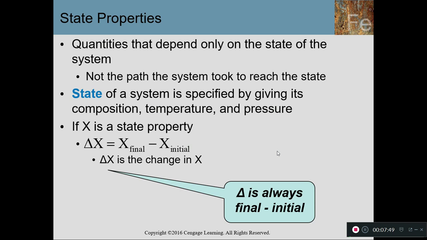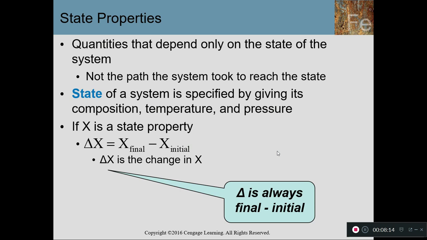Now, is that 9 degrees positive or 9 degrees negative? Well, let's think about it. Change in temperature would be final temperature minus initial temperature. Final temperature was 72. The initial temperature was 63. 72 minus 63 is a positive 9 degrees. So the change in temperature, the delta T, would be a positive 9 degrees.